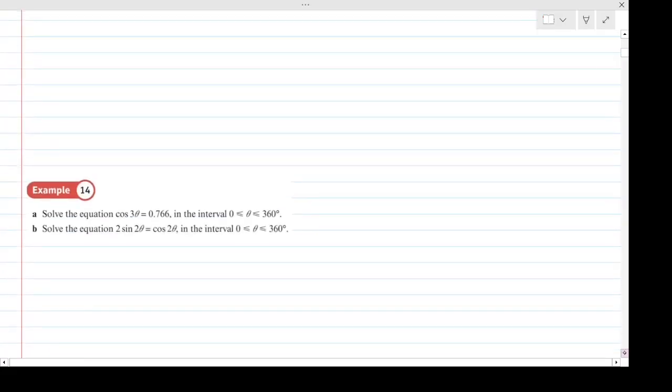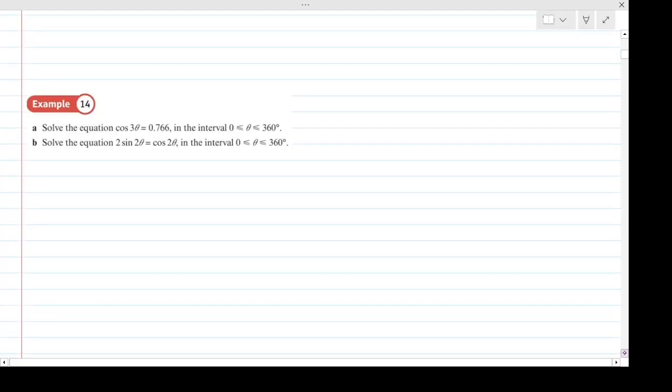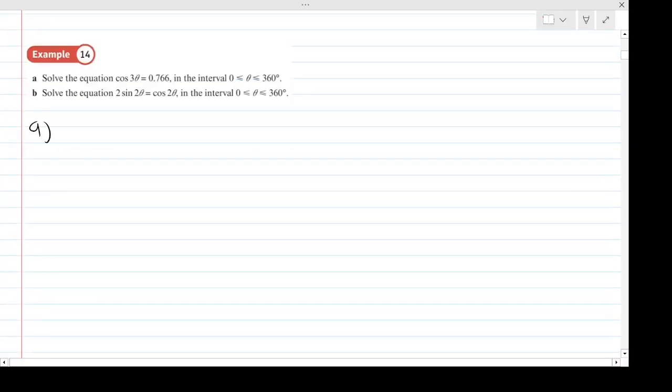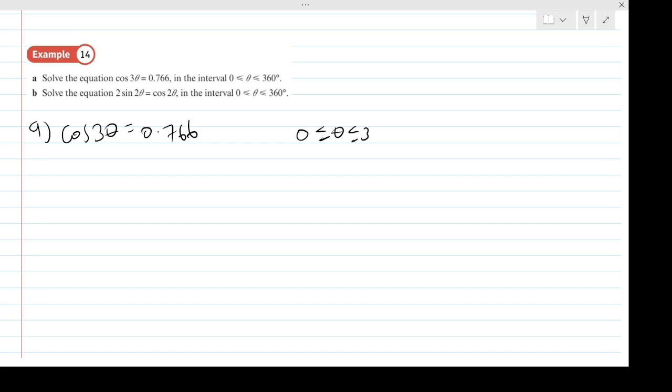In this first example, we need to solve the equation cos of 3 theta is 0.766 in the interval 0 to 360 for theta. Again, I did emphasize last video, you need to pay attention to the interval. This video it's even more important that you pay attention to this. I'd make a note of it like I've done here.